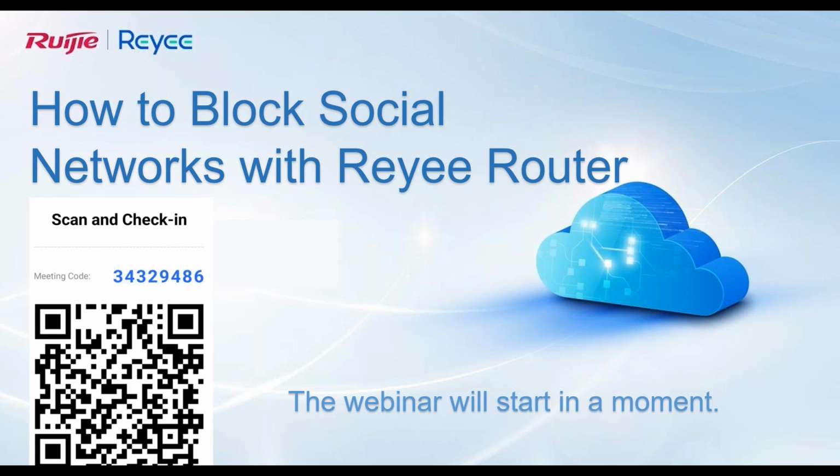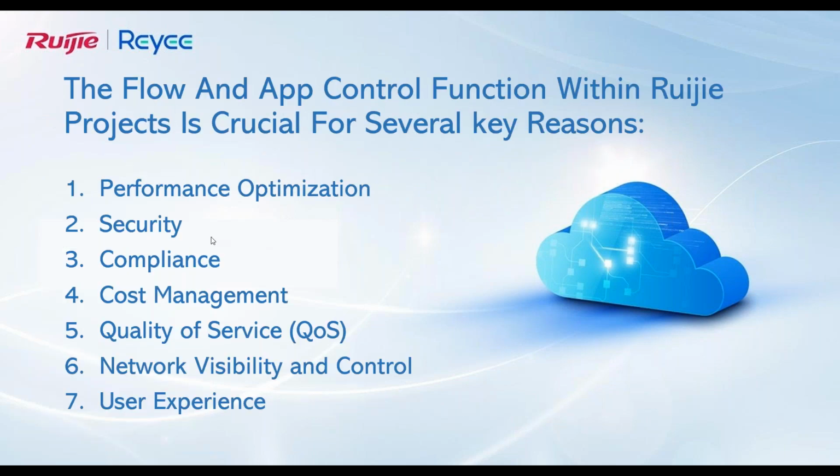So let's begin. We can block social networks with Reyee router using the flow and app control functions on Reyee Cloud or by using the Reyee app. So what is the function of flow and app control?